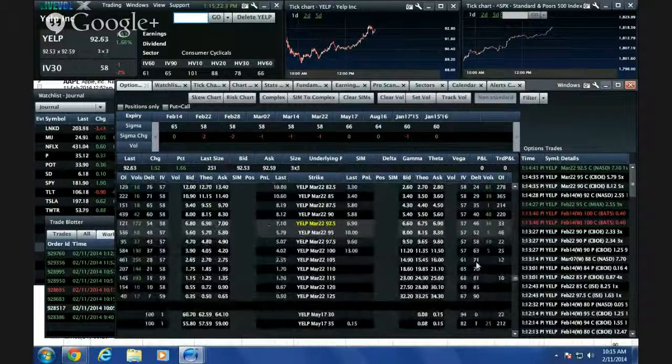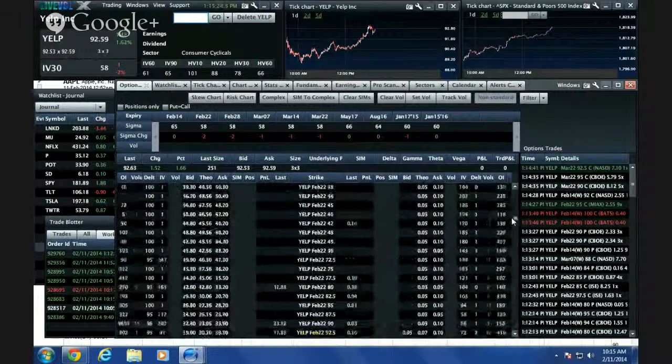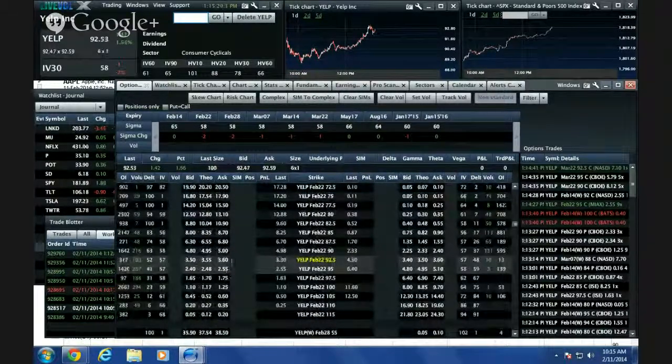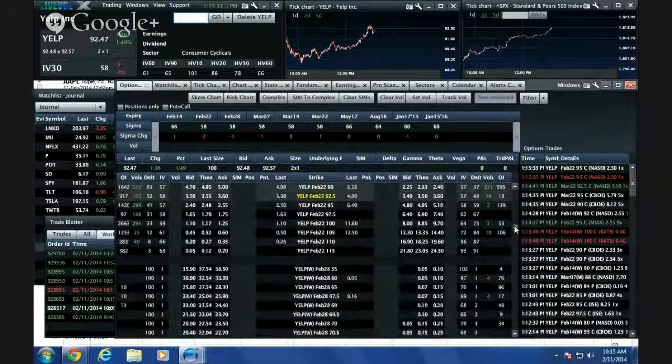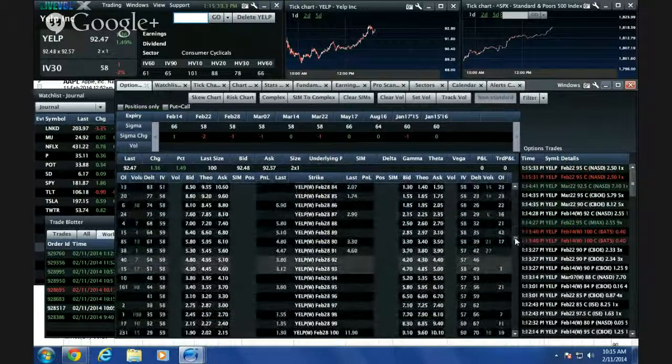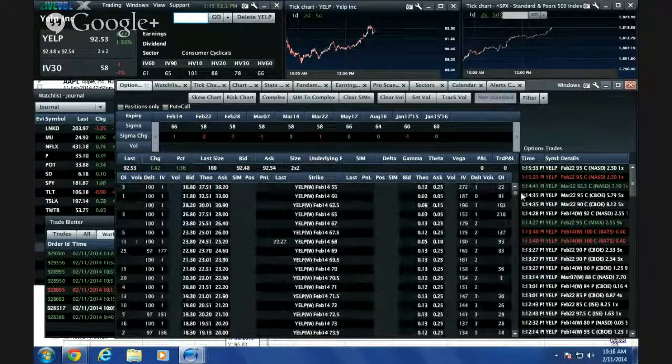And I'm trying to do it for 310, thinking that if I get away with this going out, let's say it goes back and forth, but it ends right here, 92.50, these will go out worthless. The Aprils would decay much less, and then I can go and try to sell the Feb 93s, and if I get away with three weeks, I'll own these for free or for credit, and that's generally what I'm trying to do.